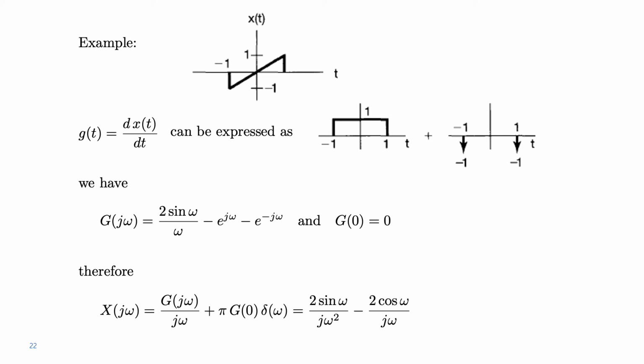We can, for example, use the integral, or we can recall that the Fourier transform of Dirac impulse is 1, but in this case, it's scaled by a constant -1, it's negative, and it's time shifted at t equal -1 and t equal +1. And we've learned just today that a time shift corresponds to multiplication in frequency by a complex exponential. And this is what we see here. So the result is that the Fourier transform of those two impulses is minus e to j omega minus e to minus j omega, right?